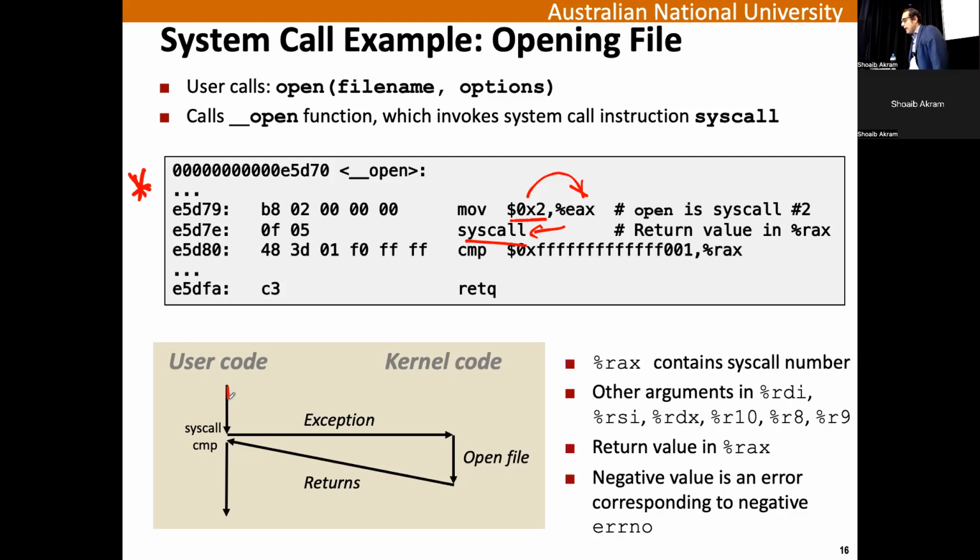Whenever there is a syscall instruction, it's treated like an exception. You do the work that the system call wants to do, and then you return control to the next instruction. So what is the next instruction here? After the syscall.